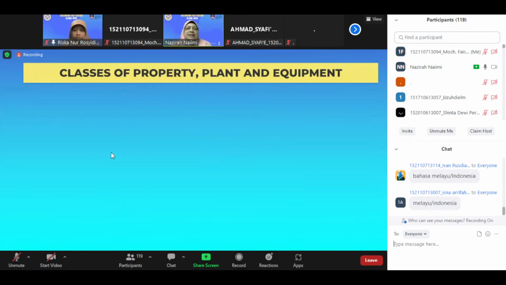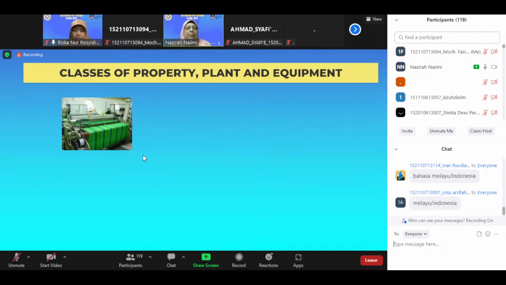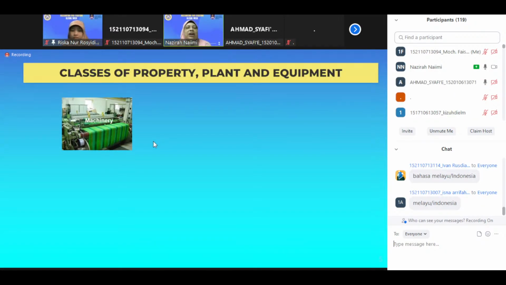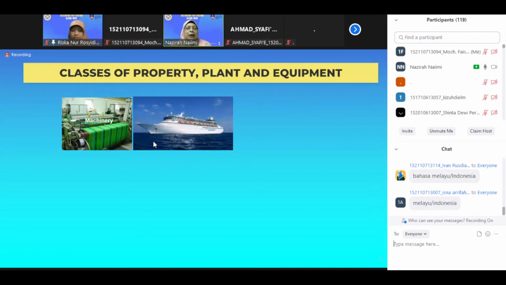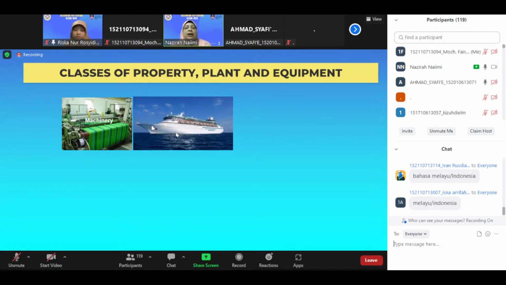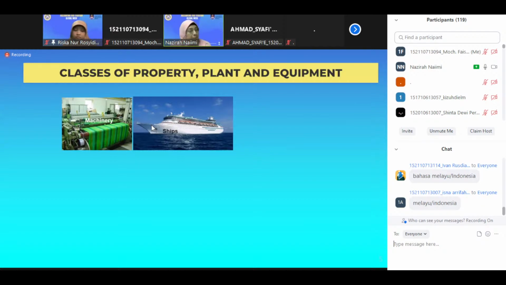Okay, these will be the classes. Machinery. Ship. Machinery is under plant. Ship, plant. Motor vehicle under plant.